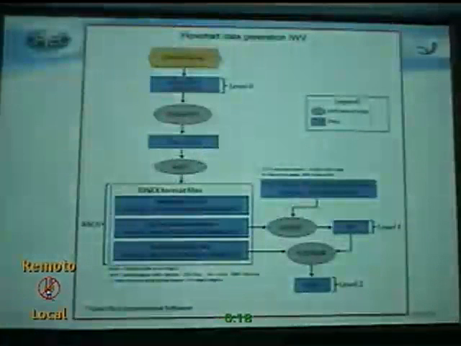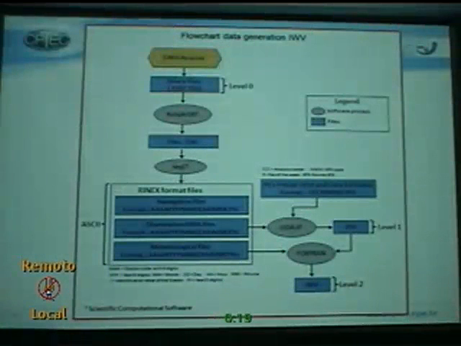This slide shows the flux chart of the generation of IWV, and it is possible to see the 3 levels of data. The first is the binary file from the GNSS receivers, and the second is after the next processing.